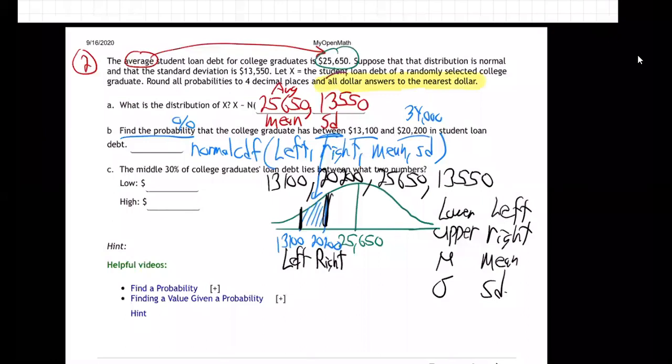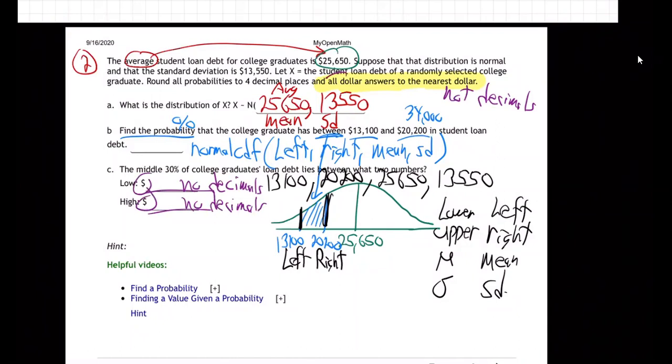See that right there? All dollar answers to the nearest dollar. In other words, no decimals, please. So yeah, these are dollar answers. You're right. So you have to put these in, no decimals. Because they're dollar answers, right? See the dollar signs? They're money amounts.